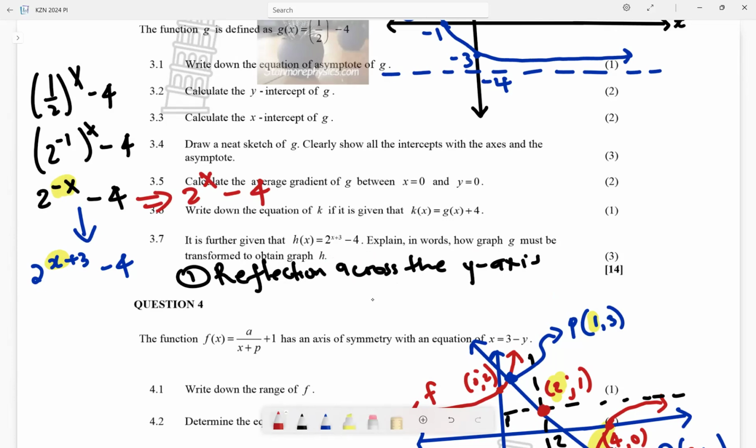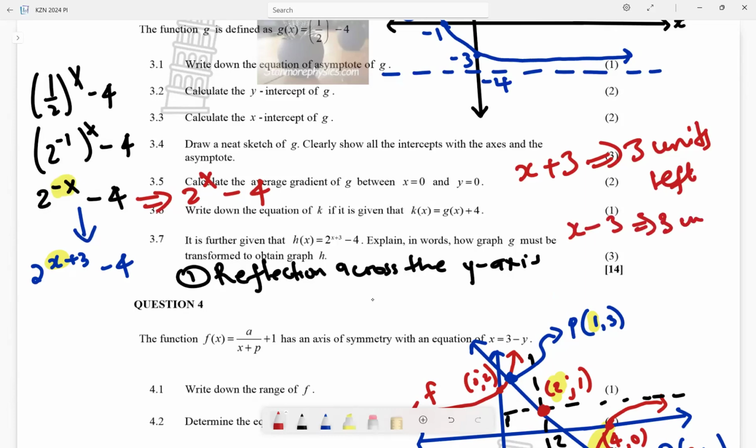But now, can you see we are still short of plus 3? So remember, how do I add 3? On functions, on the x, when I have x plus 3, it moves 3 units to the left. If it is x minus 3, it moves 3 units to the right.